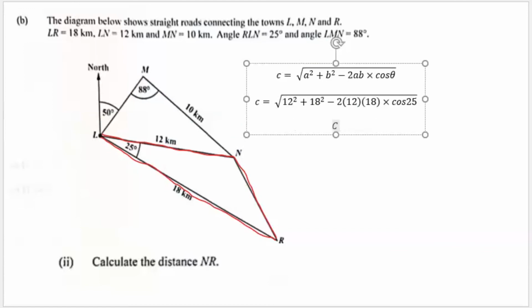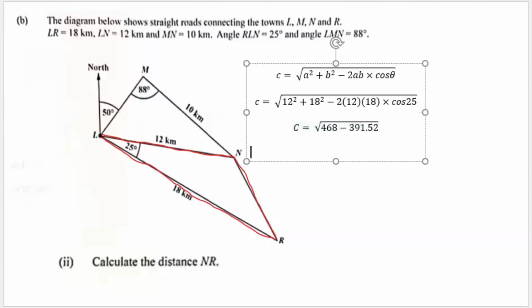So C is equal to the square root of 18 squared plus 12 squared, which gives us 468, minus 2 times 12 times 18 times cos 25, which gives us 391.52.